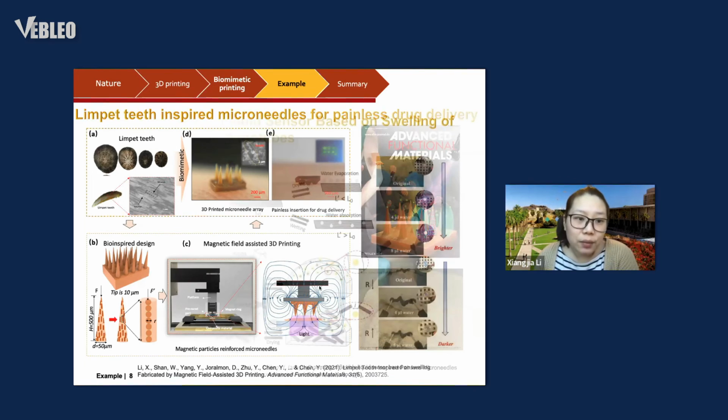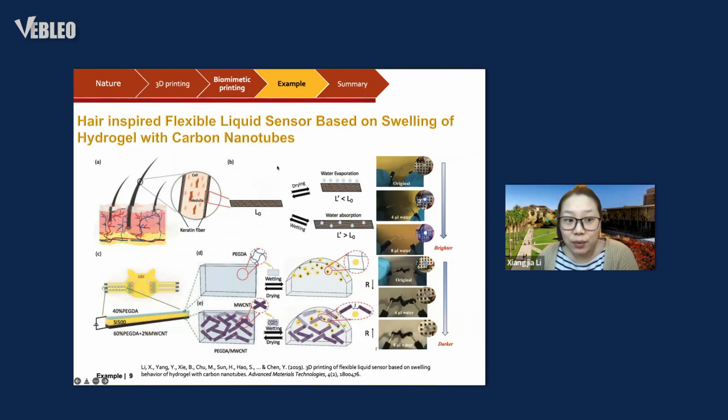The last one I would like to share with everyone is a hair-inspired flexible liquid sensor. The human hair has a unique property. It can absorb the water, and after absorbing the water, it will swell and change shape.